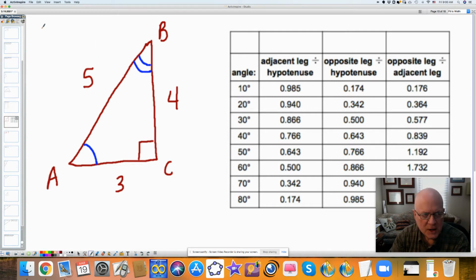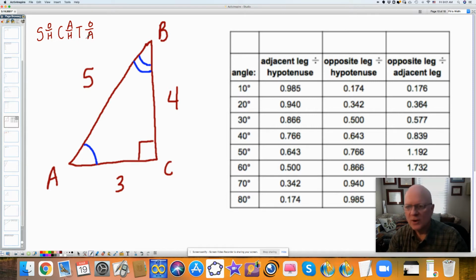The sine is the opposite over the hypotenuse, SOH. The cosine is the adjacent over the hypotenuse, CAH, and the tangent is the opposite over the adjacent, TOA. And the acronym SOHCAHTOA is to help you remember those trigonometric ratios.